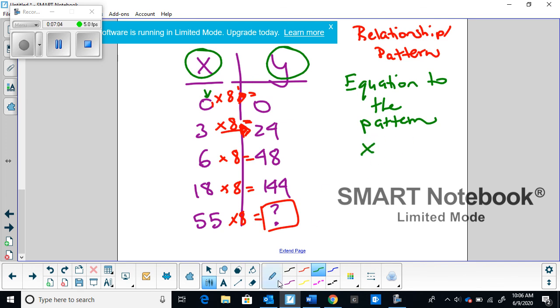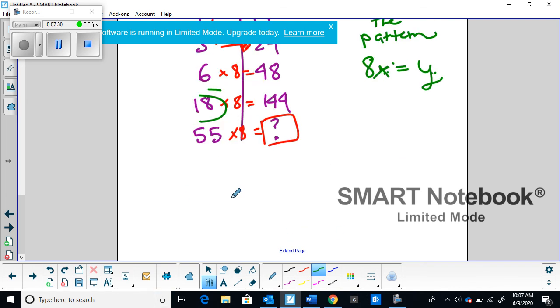When we were doing chapter 10, multiplying a variable times a number, we went 8 times x. We just put them side by side when we had a variable, and that's going to give me the y value. So 8 times 0 is 0, great. 8 times 3 is 24. 8 times 6 is 48. So 8 times whatever the x value is. 8 times 18 would be 144.